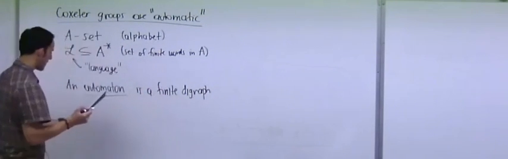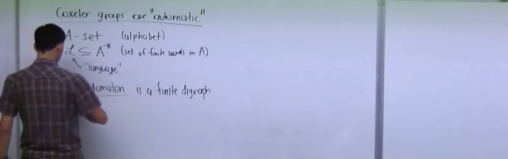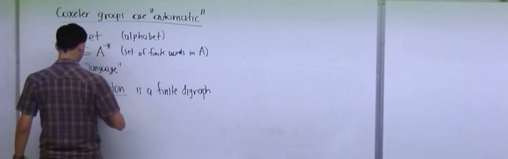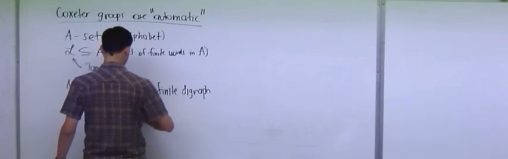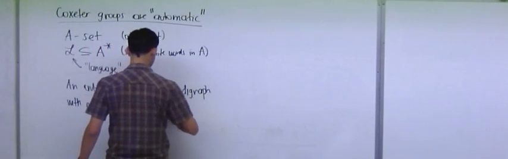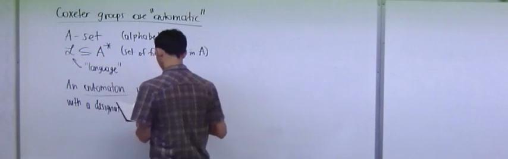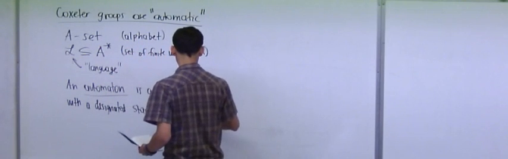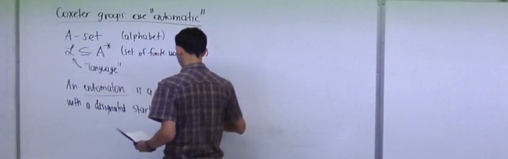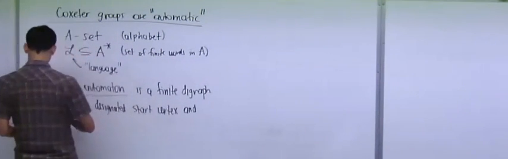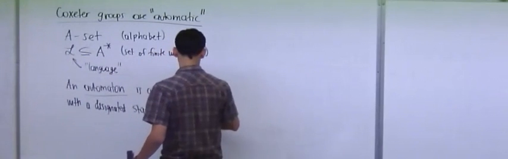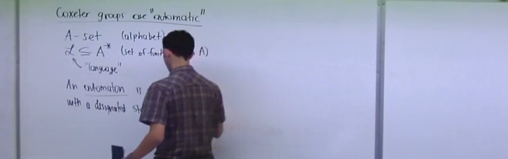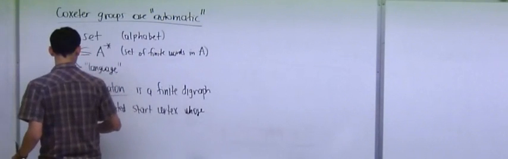It's a finite digraph with a designated start vertex whose edges are labeled by elements of A.